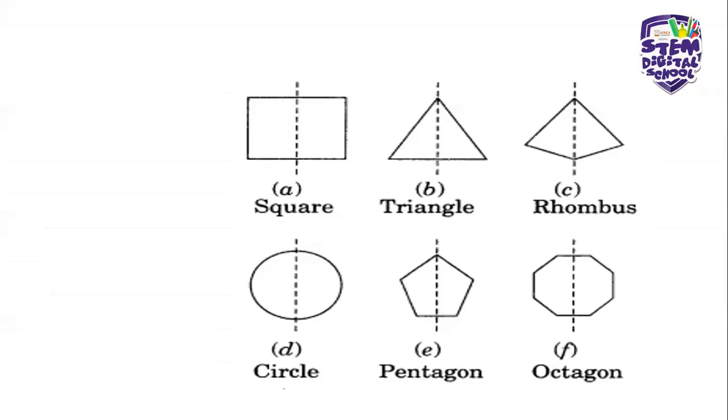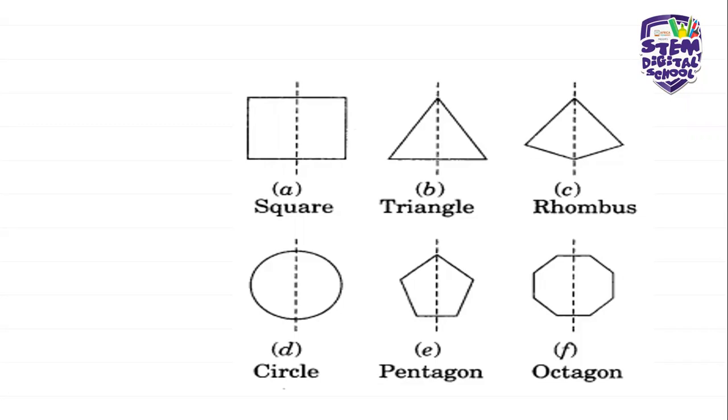It's more like an equilateral triangle where all the sides are equal. So you can draw the line of symmetry also on the equilateral triangle. But of course, you can also draw the line of symmetry on an isosceles triangle, where the two sides are equal.